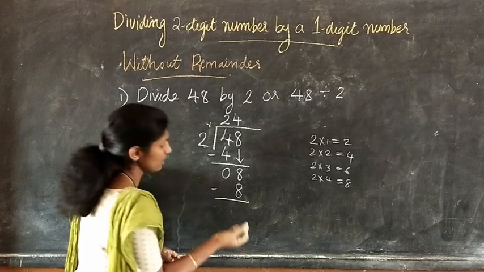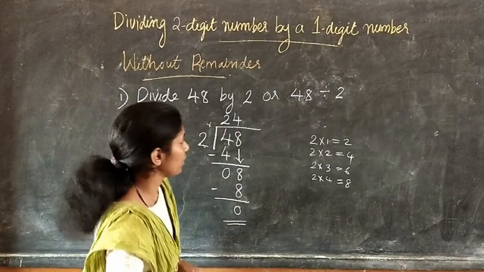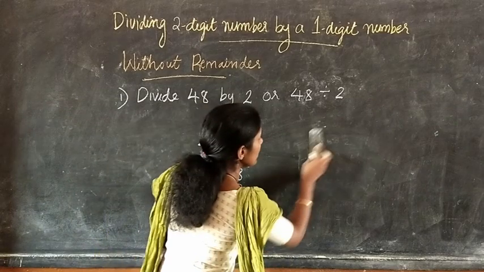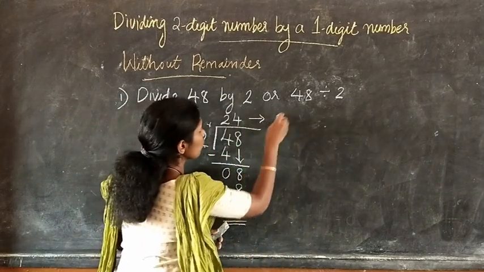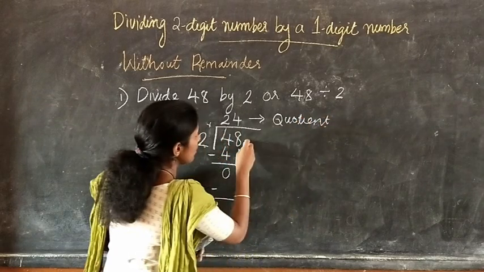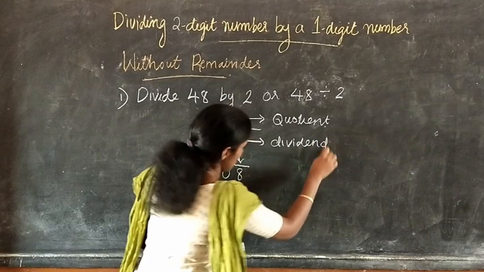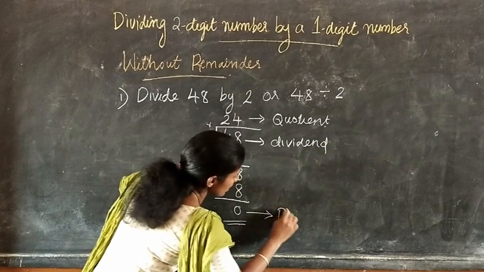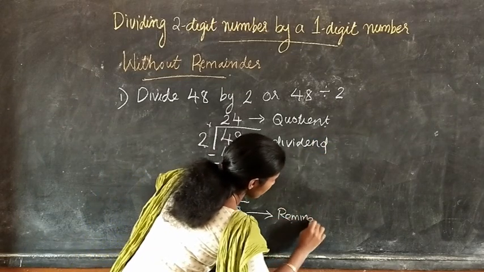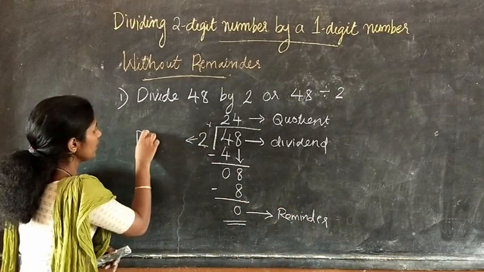Then minus 8 minus 8, 0. Here we got 24 as the quotient. Then 48 is known as the dividend. Then 0 is known as the remainder. And 2 is known as the divisor.